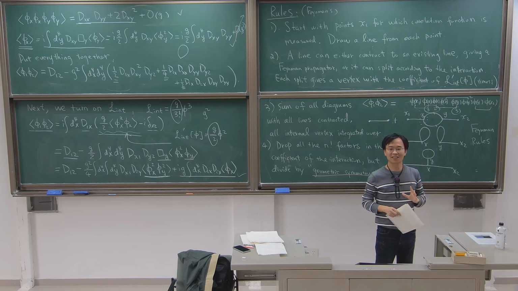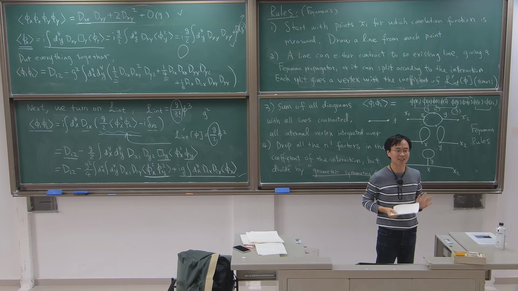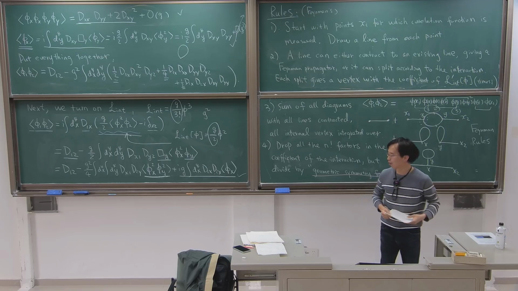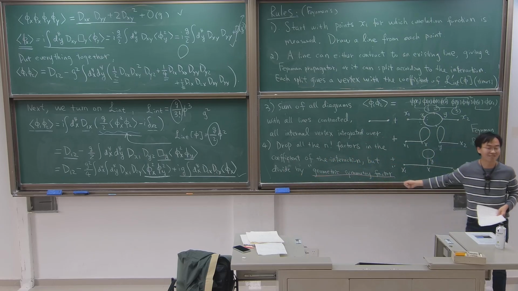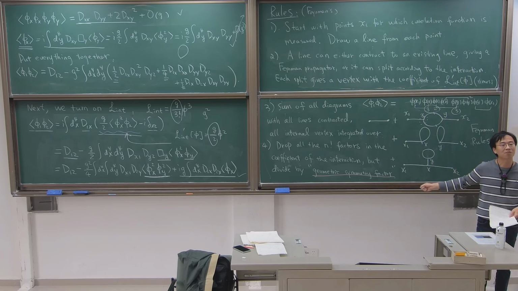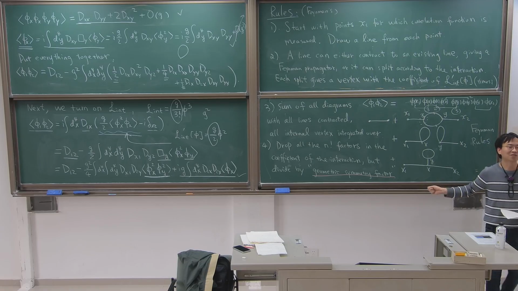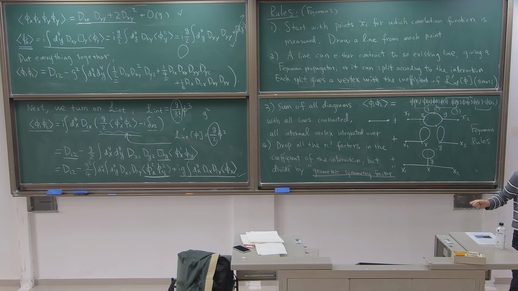If you are a sloppy person, then it's finished. But I said it's not entirely correct because you did overcounting. That's why we have to divide by this geometric symmetry factor, which essentially comes from the overcounting. If you don't do the exercise, it may still be a little bit mysterious to you, but I strongly suggest you just do it yourself.